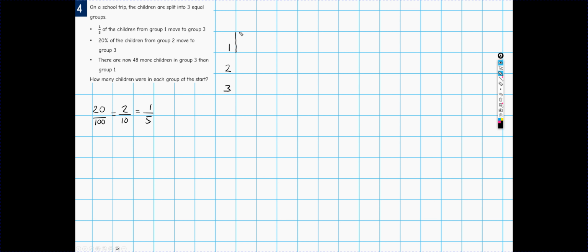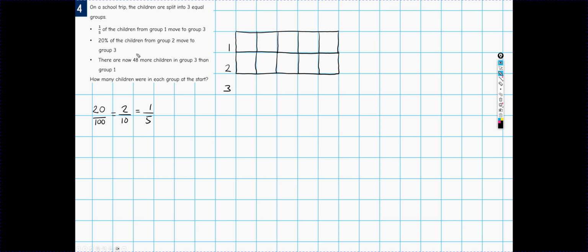Okay, so here we go. And 1, 2, 3, 4, 5. So this is group 1, split into its five equal parts. The same goes for group 2. And look, it's got to be the same size because we're told that at the beginning. And then what am I going to do with group 3?